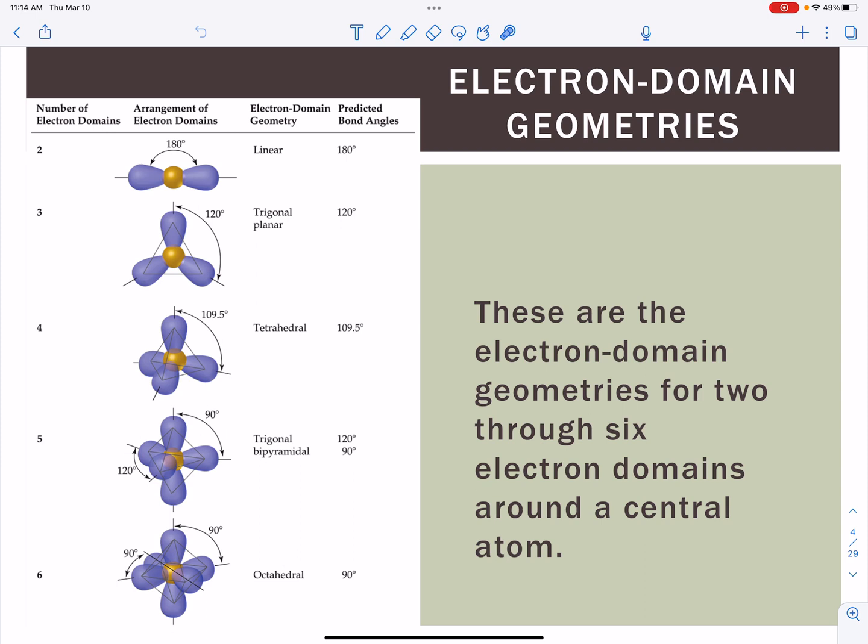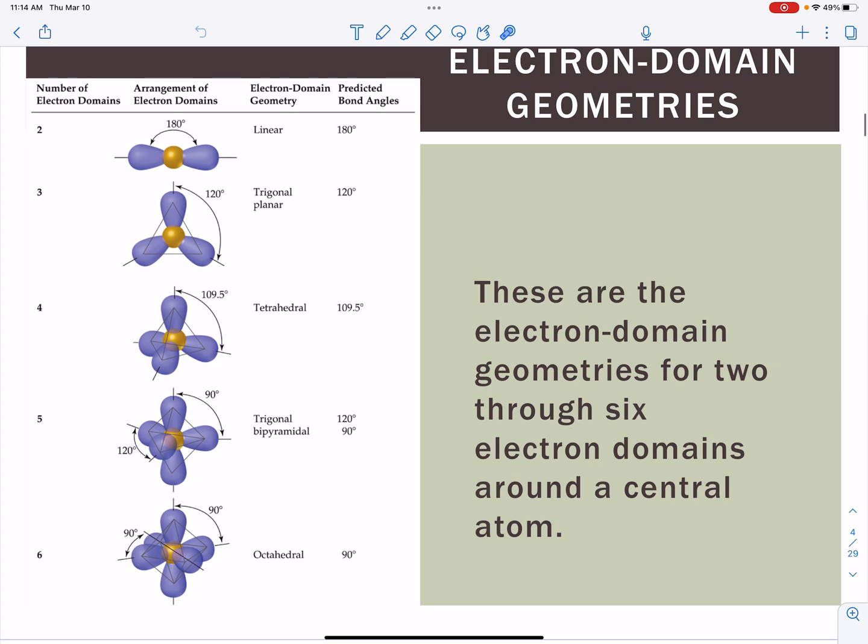The 109.5 degree bond angle situation that we had there, we call tetrahedral, like a tetrahedron, a 4-sided figure, right? If you go to 5, it gets really interesting. The angles actually cannot be all the same, weirdly enough, in 5 coordinate geometries.